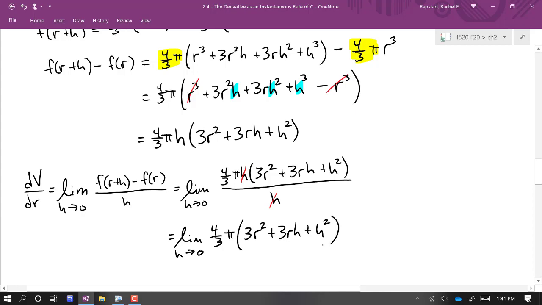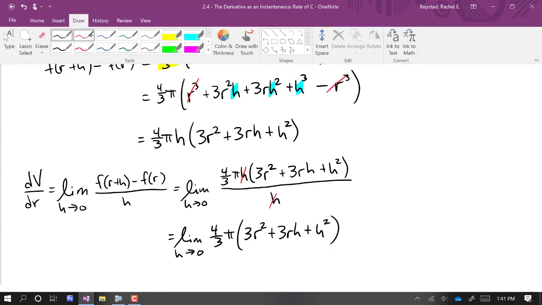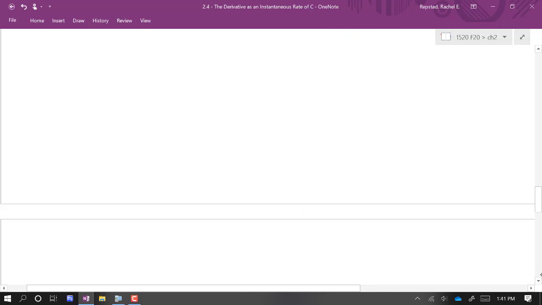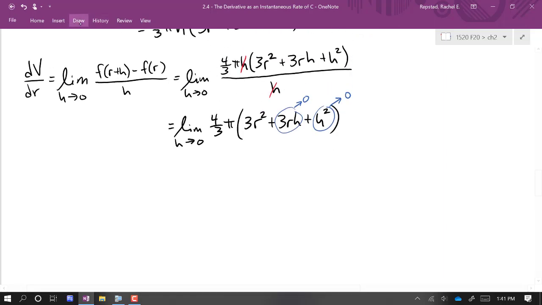Now it's no longer a problem to let h be 0. If h is 0, that does not cause us to divide by 0. So letting h equal 0 means that any term with a factor of h will go to 0. That goes to 0 and that goes to 0. Oh, I got a little excited and forgot.